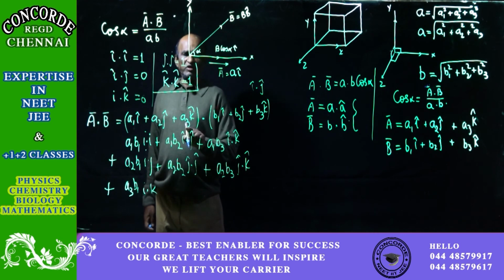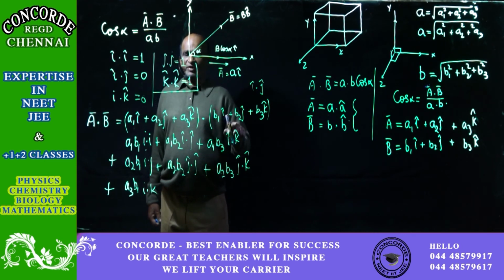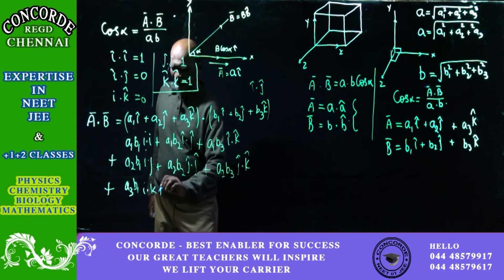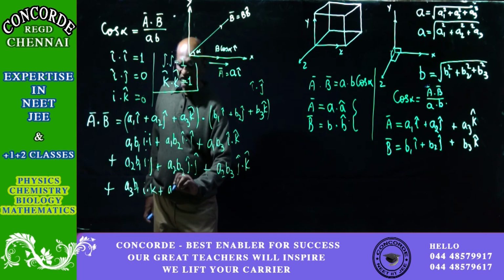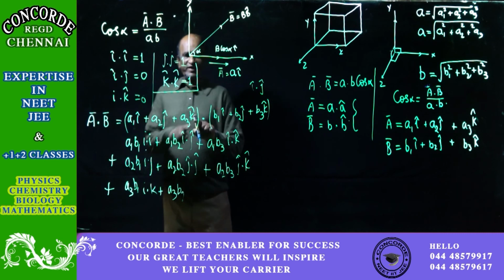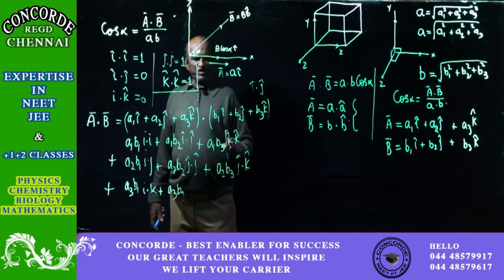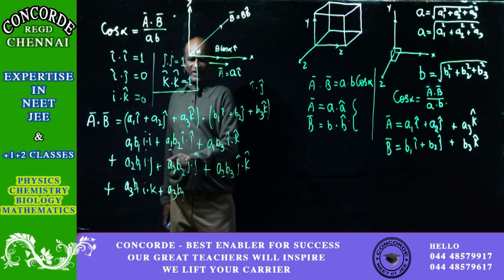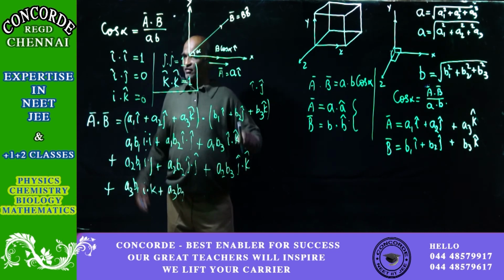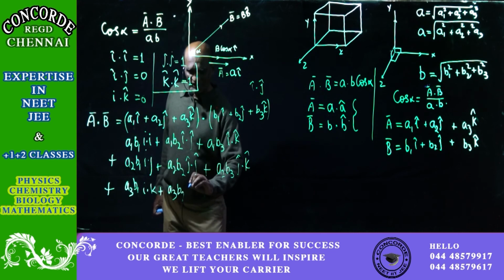Then next, we have got A3K B2J. So plus A3K B2J. So it is K dot J. And K dot J, just check up whether we have it anywhere. So J dot K we have. K dot J or J dot K are all one and the same thing.